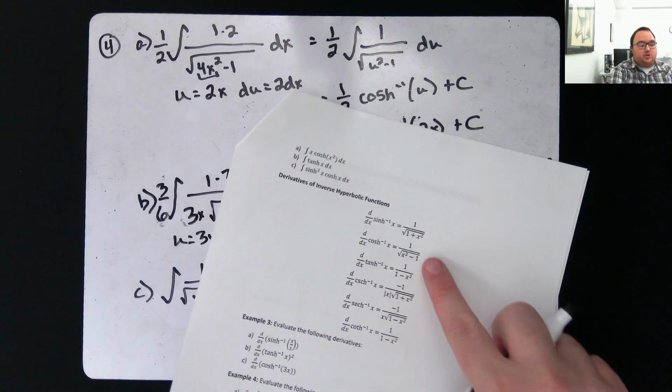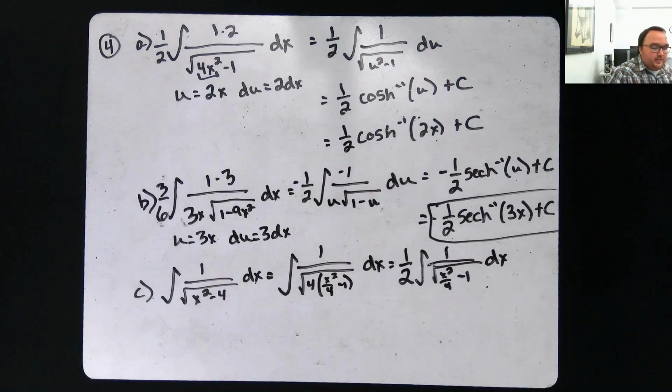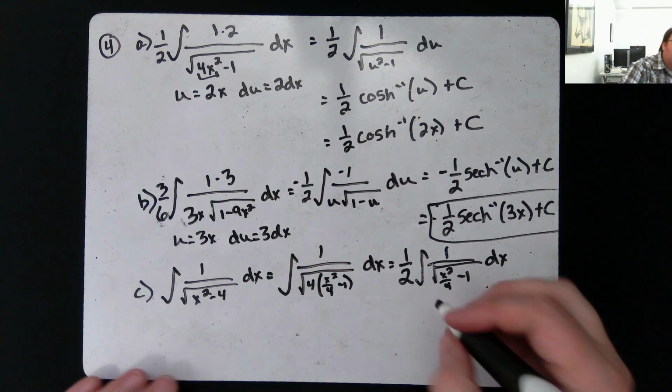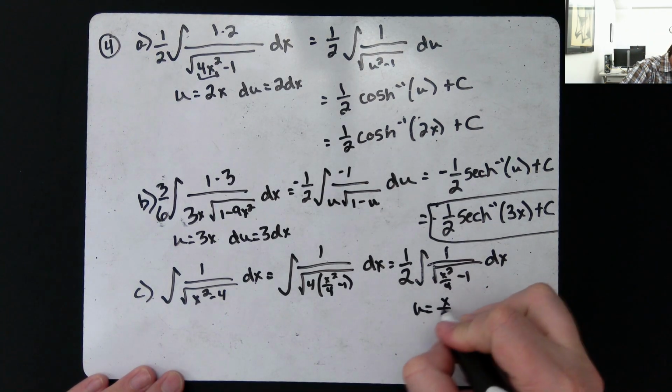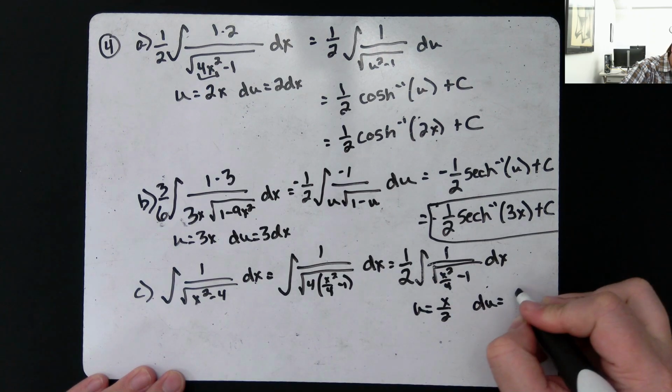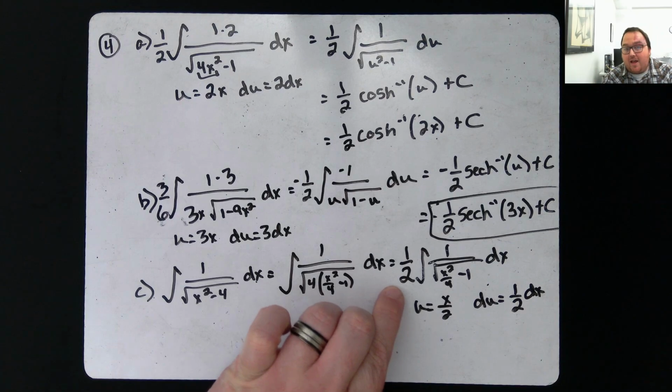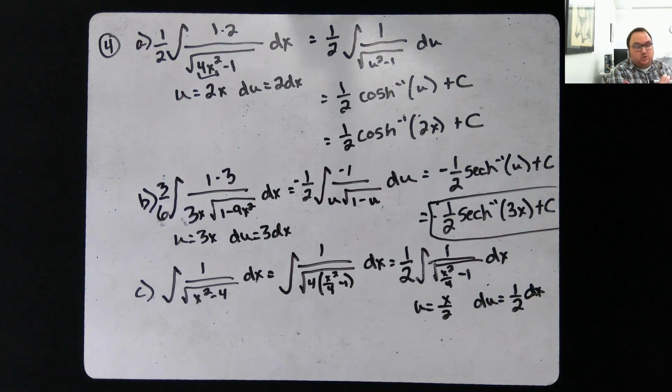Now it looks like this rule. So once again, just like on all of these, I want to see what's being squared right here. Well, to get x squared over 4, I would need to square x over 2. The derivative of that is 1/2. And look at that, I already have a 1/2, so I don't have to change it.